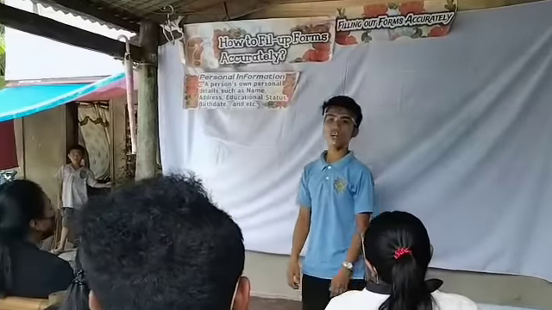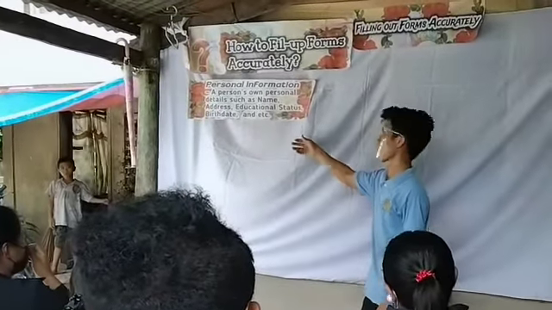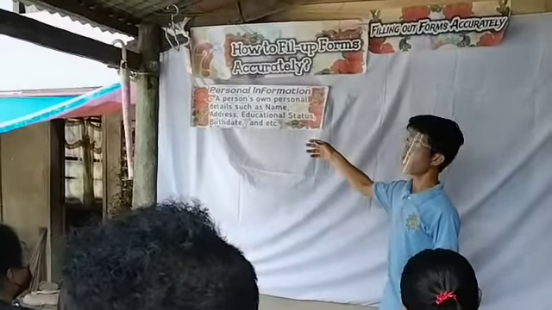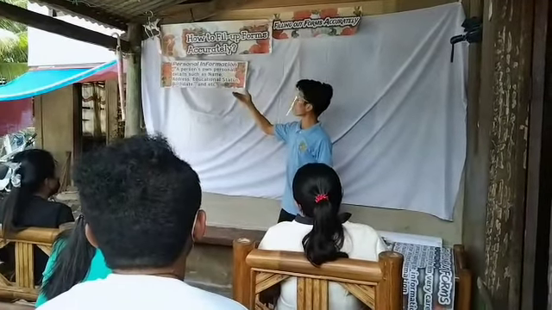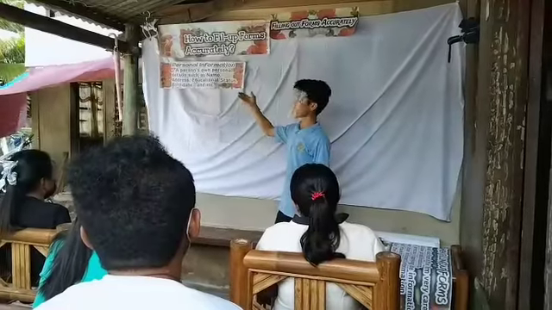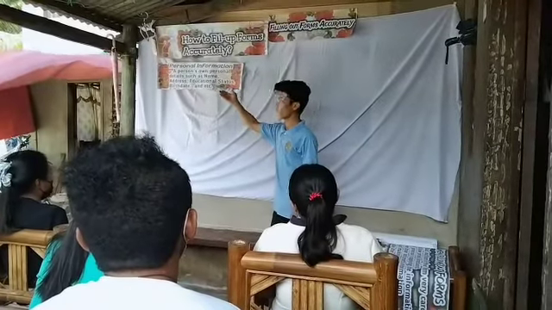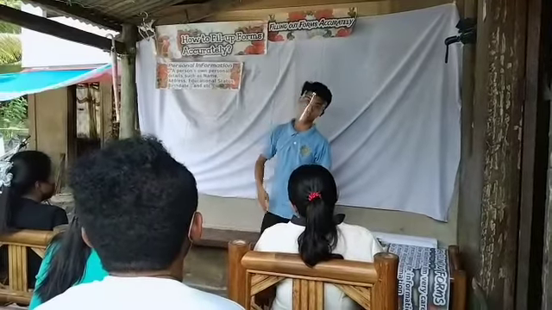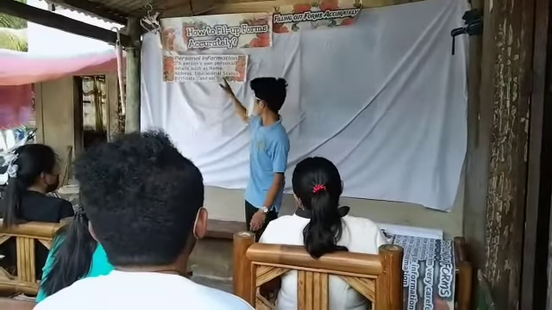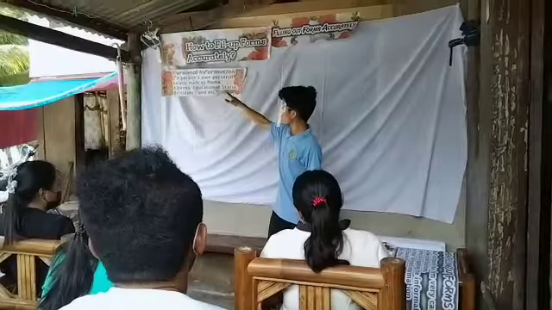Now let us read it all together. Personal information: a person's own personal details such as name, address, educational status, birth date, and etc.